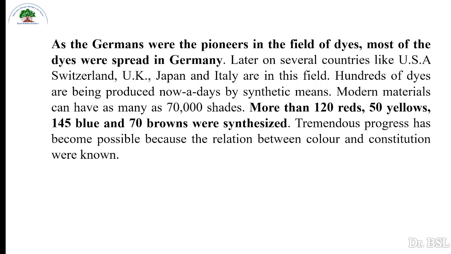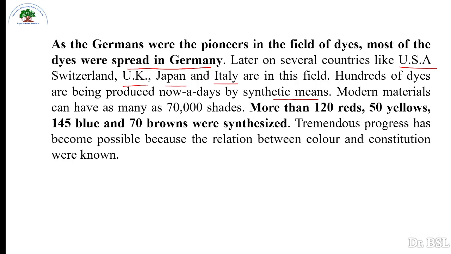As the Germans were pioneers in the field of dyes, most of the dyes were prepared in Germany. Later on, several countries like United States of America, Switzerland, UK, Japan, and Italy entered this field. Hundreds of dyes are being produced nowadays by synthetic means in the laboratory.